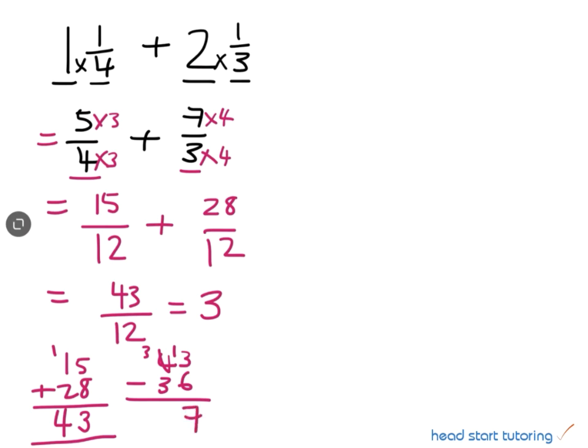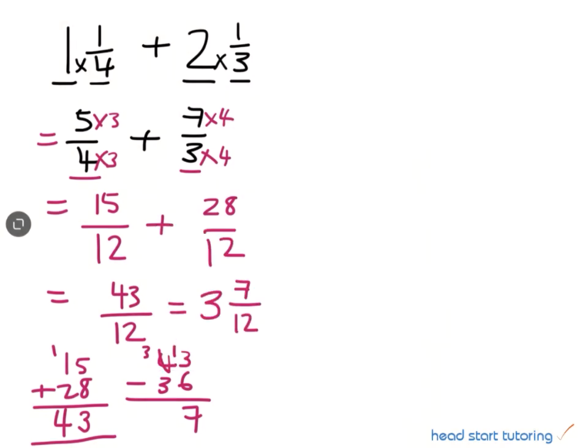So we have 3 and 7 over 12 as our mixed number. So 1 and 1/4 plus 2 and 1/3 is equal to 43 over 12, which is equal to 3 and 7 over 12.